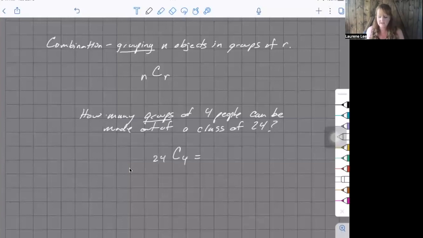So this is 24C4. And it's the same place on your calculator. On the TI, you hit 24, then go to your math button, choose nCr, and then put a 4.